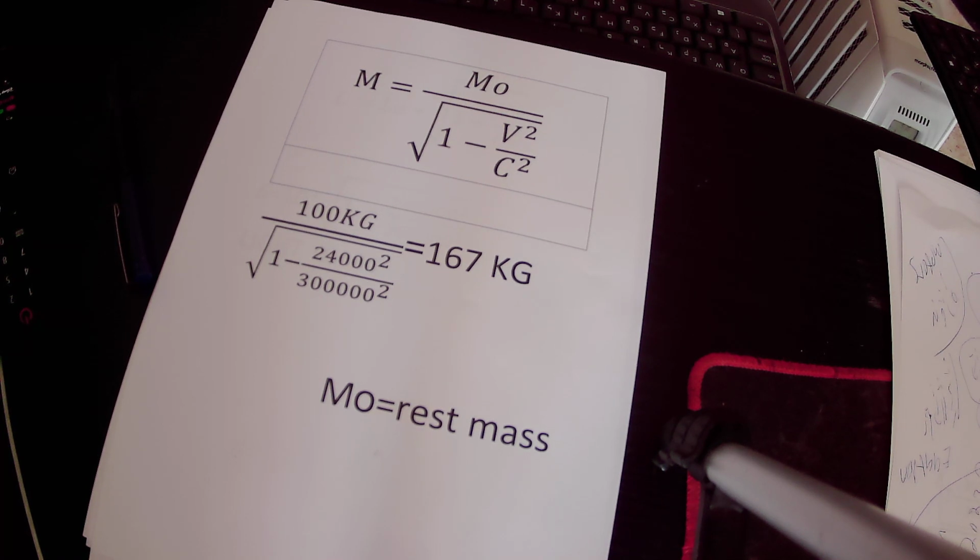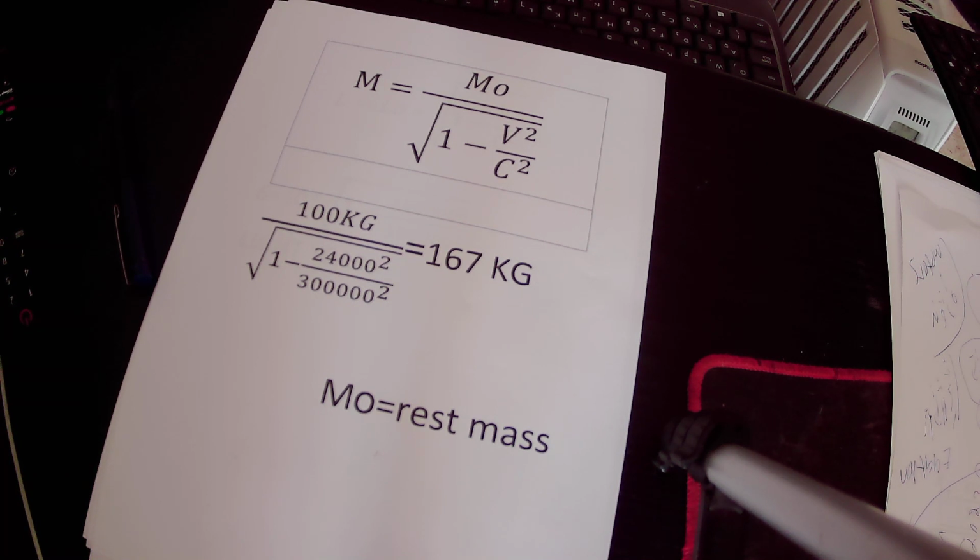If his twin brother has a mass detector, the detector will measure 167 kilograms. That means that his mass has increased by 67%.